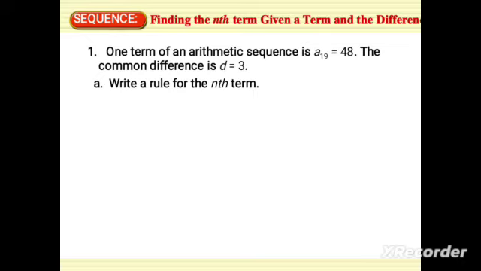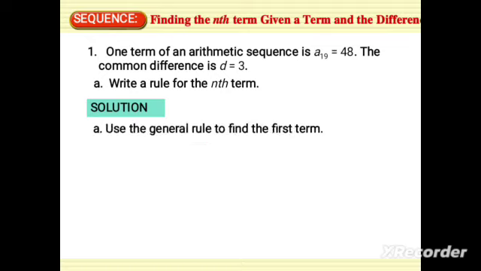And now we are being asked to find the nth term of that sequence. So in this case, the 19th term of an arithmetic sequence is 48, and the common difference is 3. Write down the nth term. That is our question, and we need to find the solution for that.